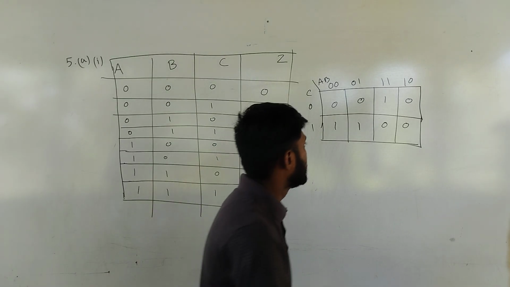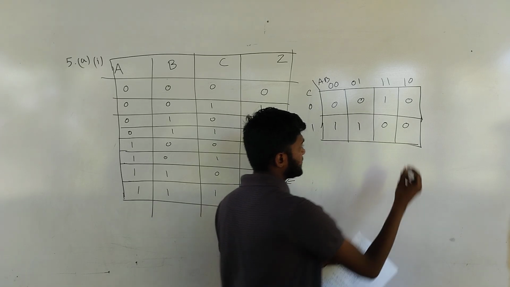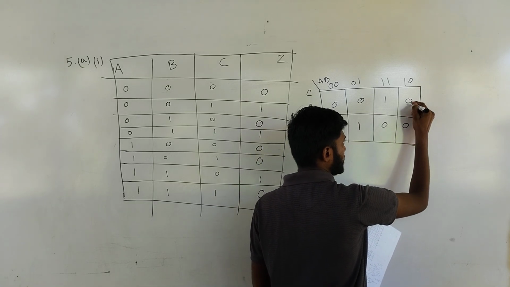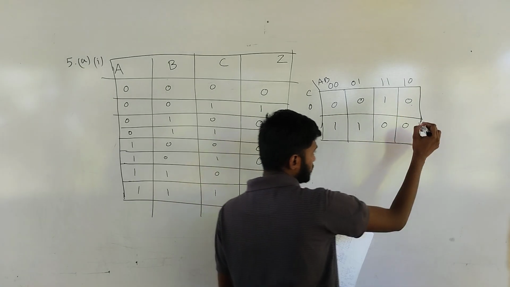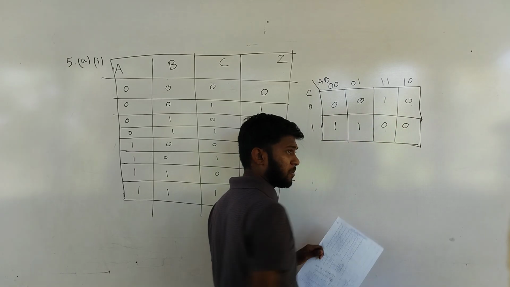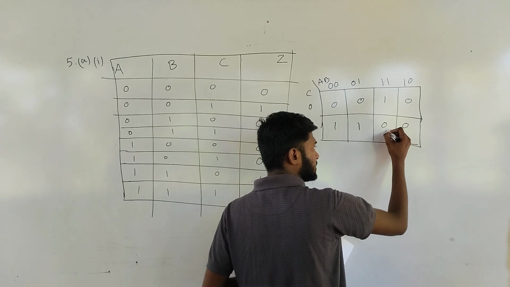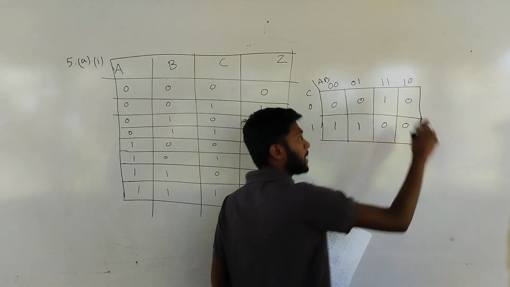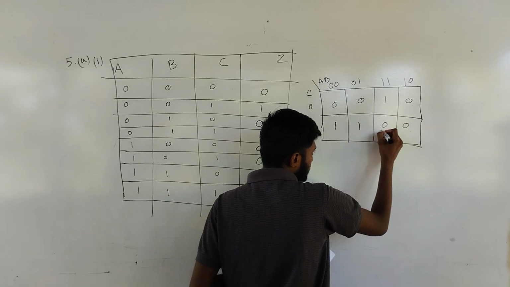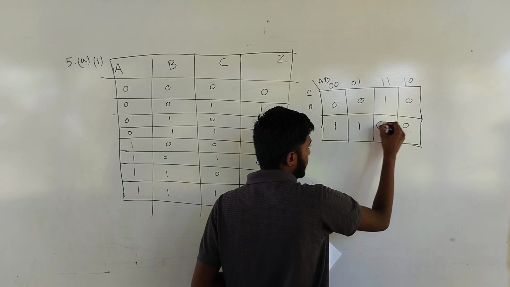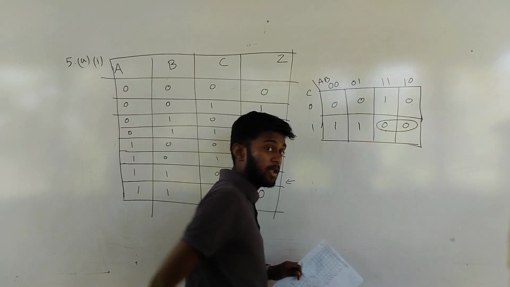So here, look here. This 0 can go with this 0 and make a group. And also this 0 can go with this 0, it can also make a group. But look at this 0. This 0 can go only with this 0 and make a group. Therefore give the priority to this 0 and make a group like this. Fine.